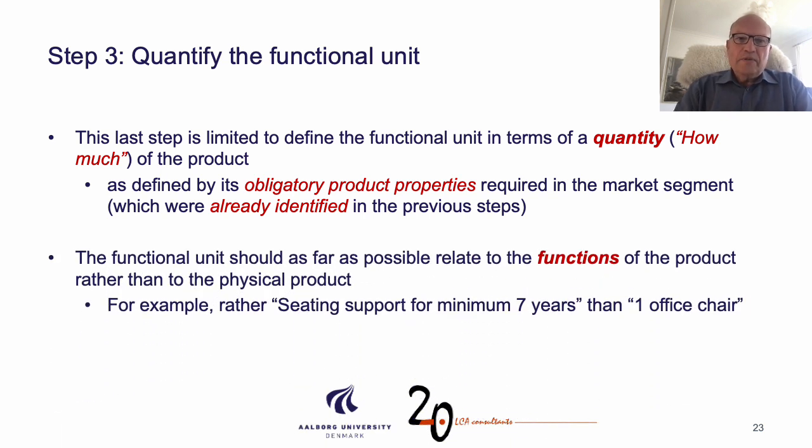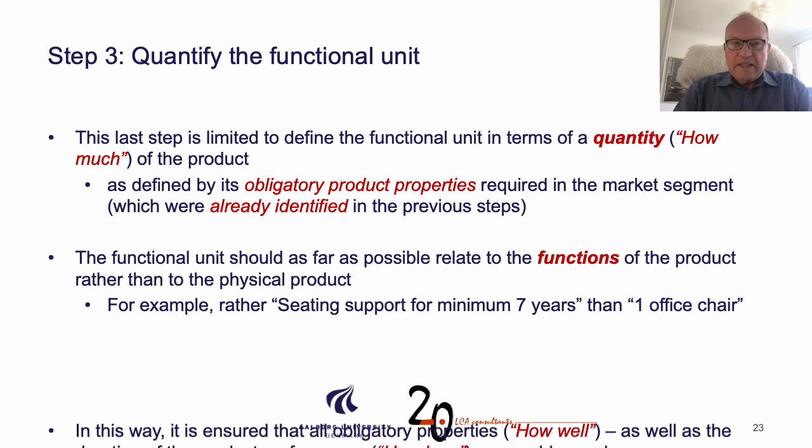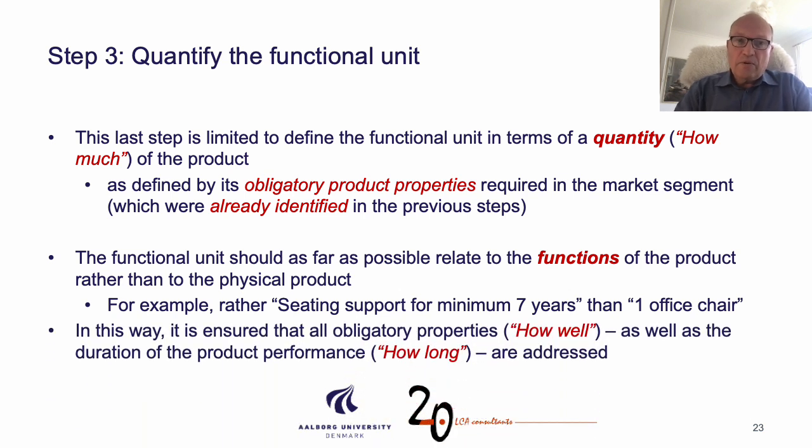This functional unit should, as far as possible, be related to the functions of the product rather than to the physical product. So for example, seating support for minimum 7 years rather than one office chair. In that way, we are ensuring that all the obligatory product properties, both how well and the duration of the product performance, the how long, are addressed together with the how much.